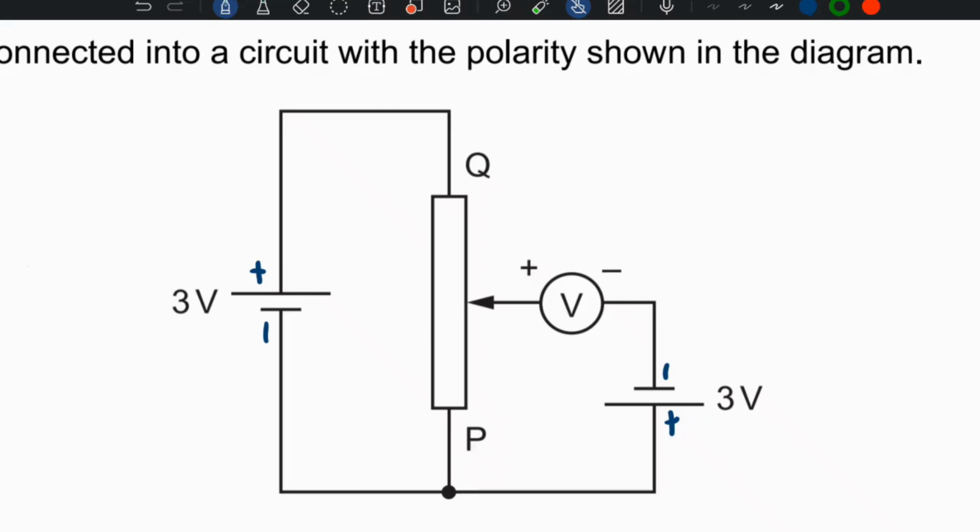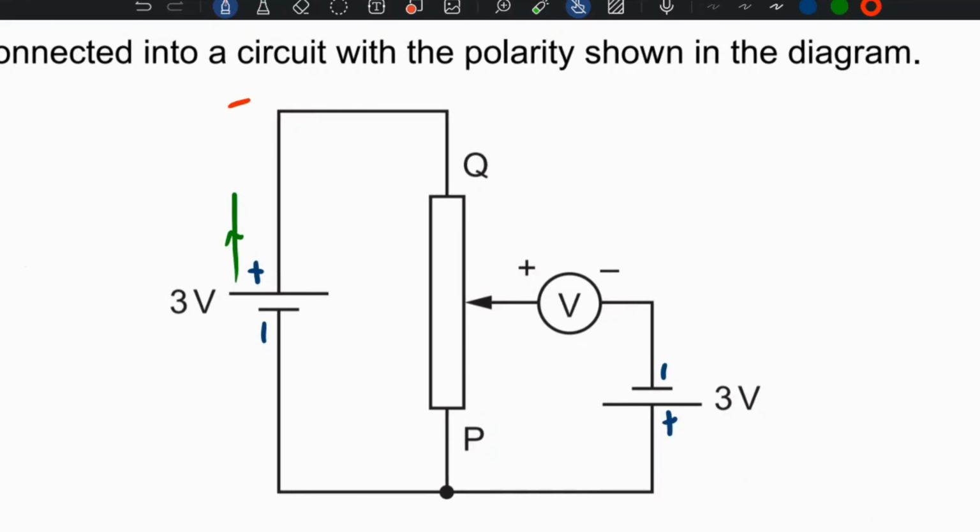We know current flows from positive to negative, so it's going to start flowing in this direction, am I right? That means here we will still have positive 3 volts, because that is where it starts flowing and there's no resistance in between for it to lose any volts. So it's just 3 volts, and anything in the same line of wire is also 3 volts.